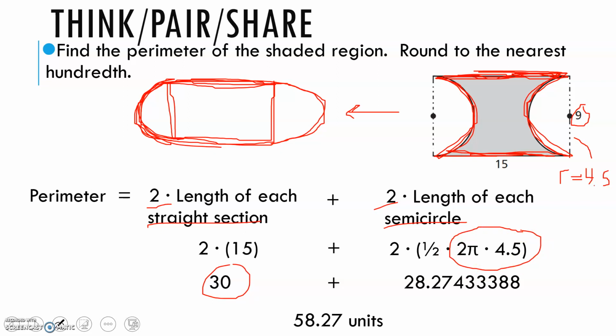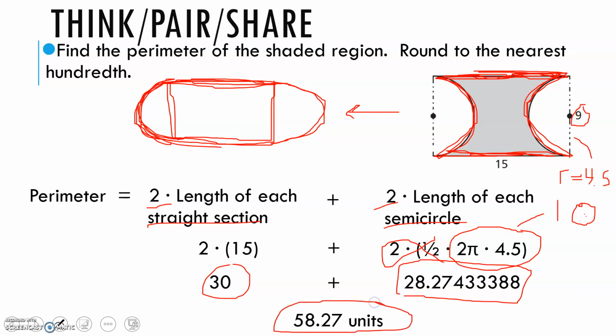And again, if you realize that you basically just want one circle, you could ignore this, and that does cancel out. But just be very careful with shortcuts. Regardless of how you figure that out, you should get about 28.2743338, and that will give us a final answer of 58.27 units.